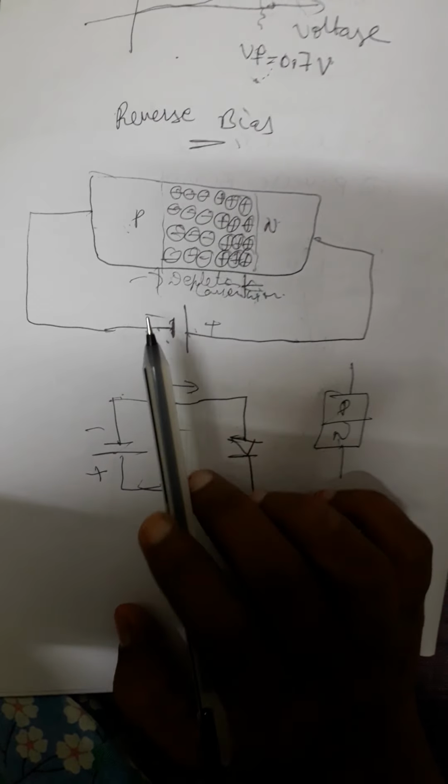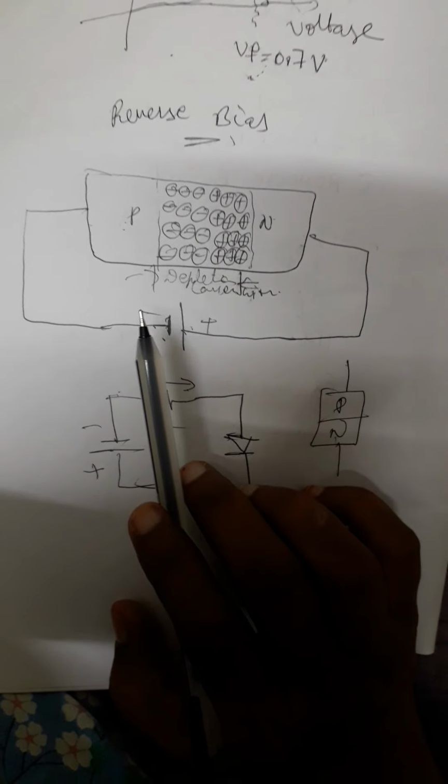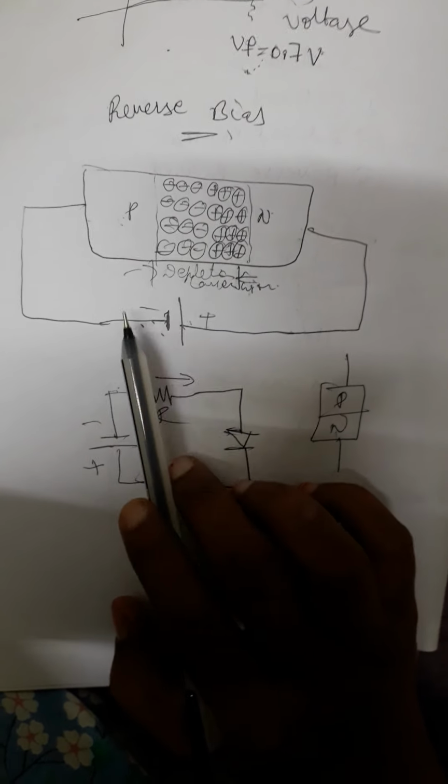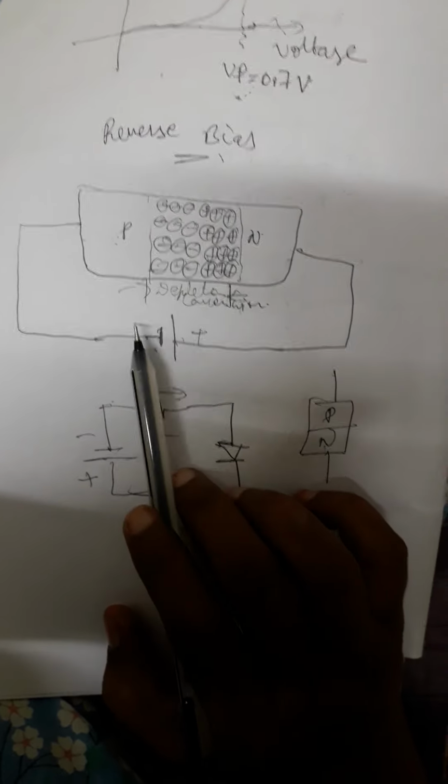This particular voltage that causes the drastic change in reverse current is called reverse breakdown voltage. Diode breakdown occurs by two mechanisms, Avalanche breakdown and Zener breakdown. Okay, this is the VI characteristics of reverse bias condition.